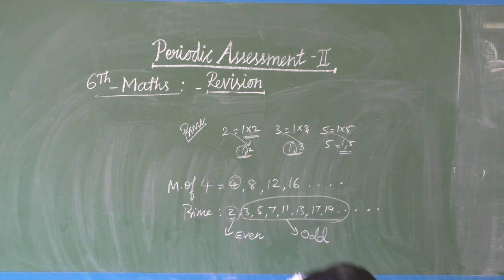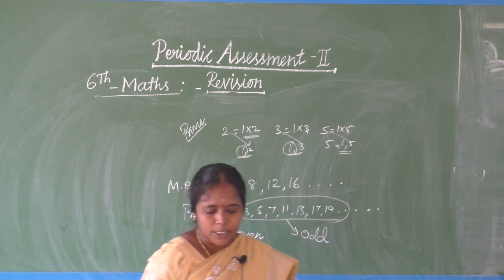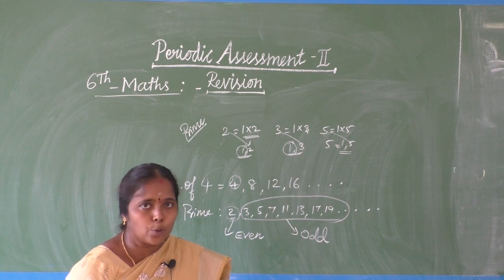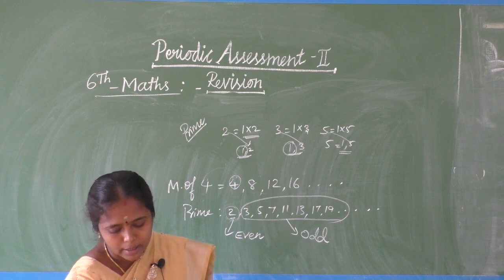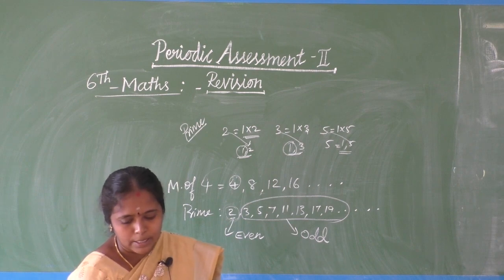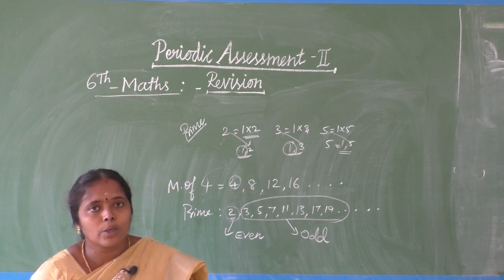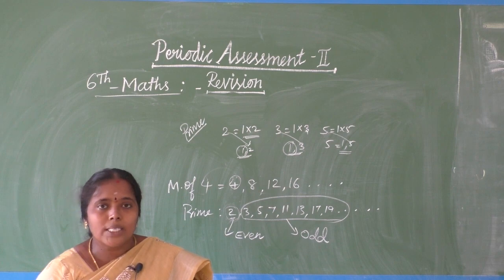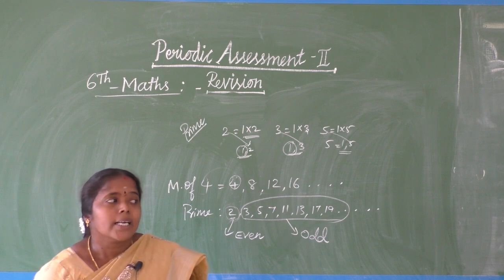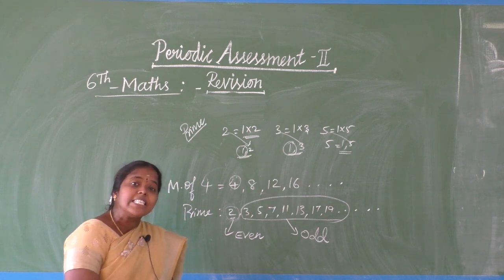Okay. After that, what have we seen? Composite. Composite means more than 2 factors. More than 2 factors are called composite numbers. In prime itself, we have discussed twin primes. What is that? Twin primes means prime numbers whose difference is 2.